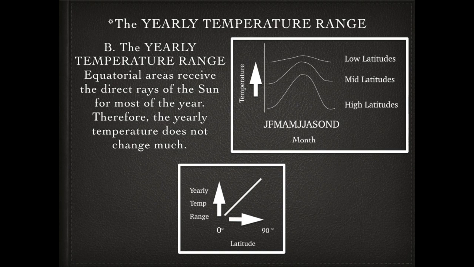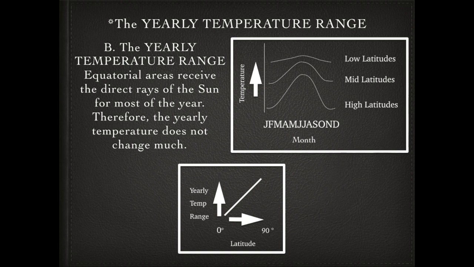Places that are high latitude are very cold in the winter, but it can get a lot warmer in the summer. Now, mid-latitude is more of an average. There's still that little peak. It's not as much of a difference, but it's a little milder.